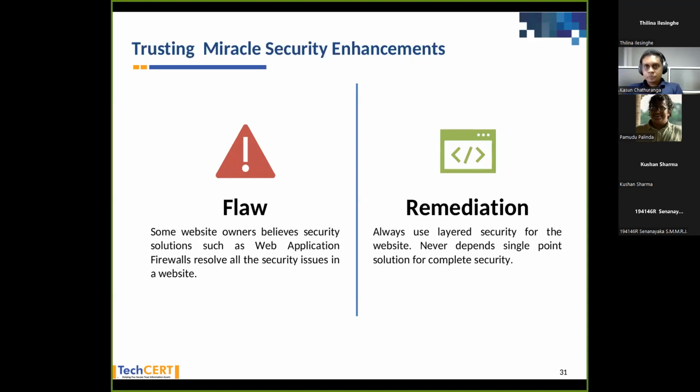This is the most interesting thing, not only in websites but in the whole of information security. Some people think that if you put a magic box in front of your organization, your network, or your website, it will secure everything.